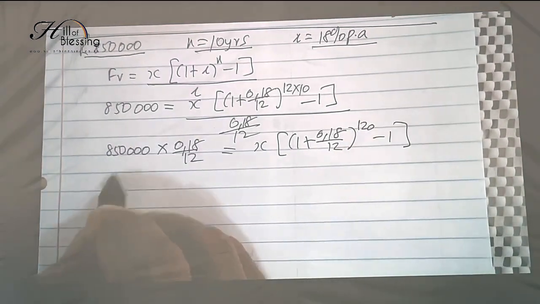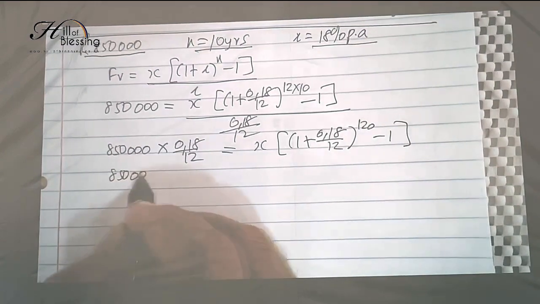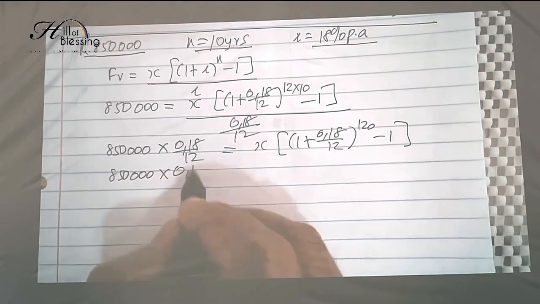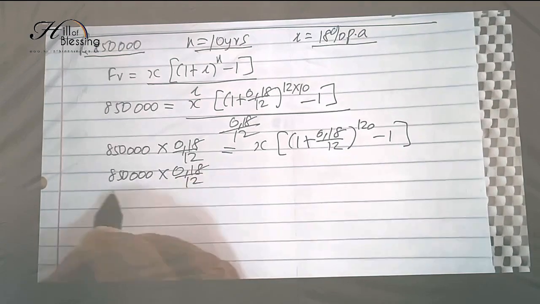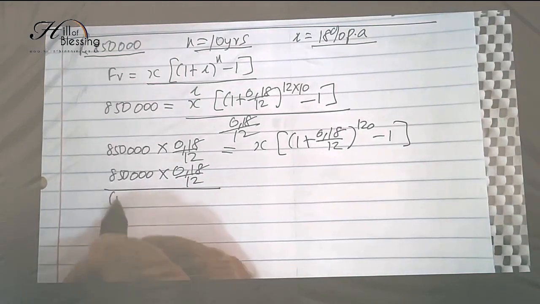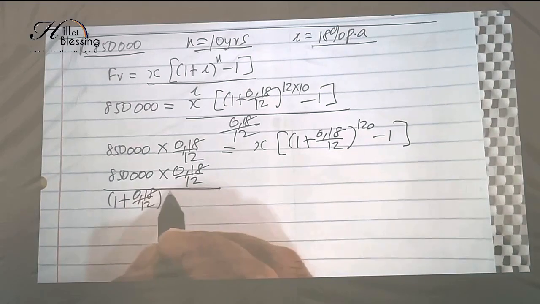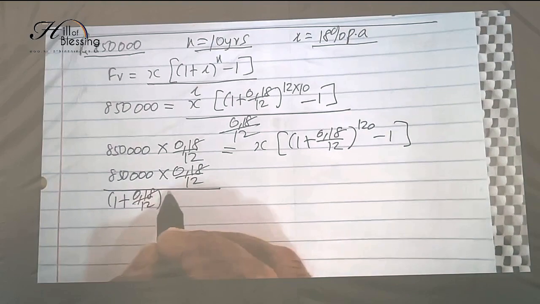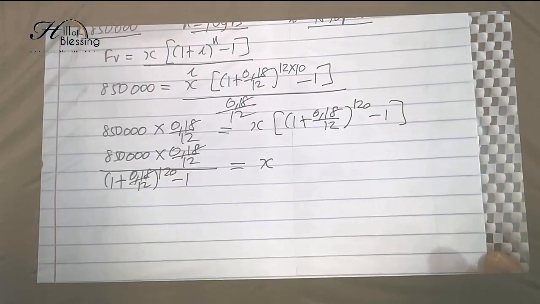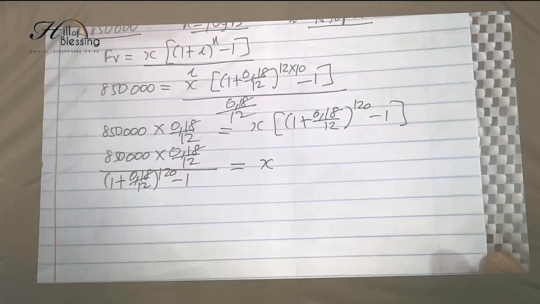So this here is 850,000 times 0,18 over 12, all divided by 1 plus 0,18 over 12 to the 120 minus 1, and that is x. Please set out your work like that, because that earns you part marks. If for any reason whatsoever you make a mistake, then you're going to get part marks.